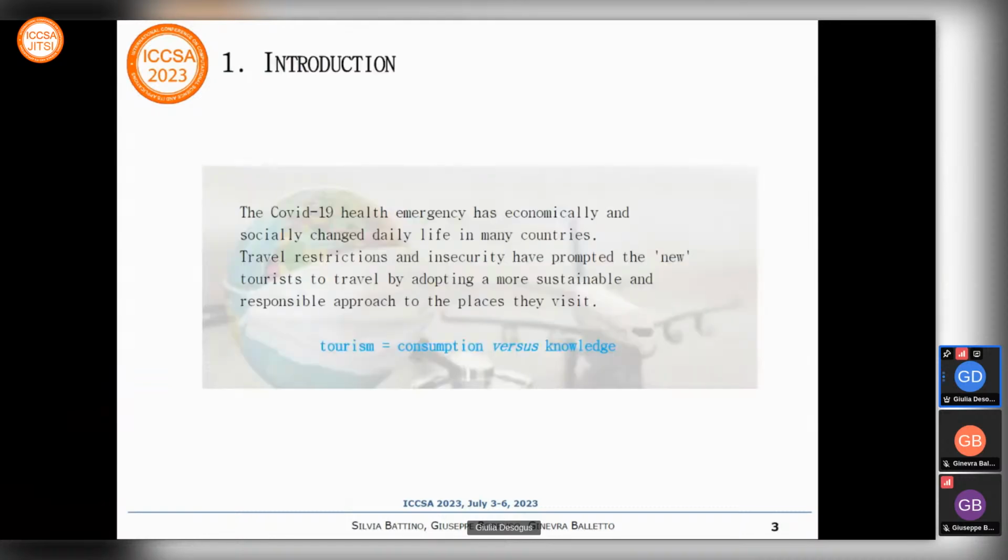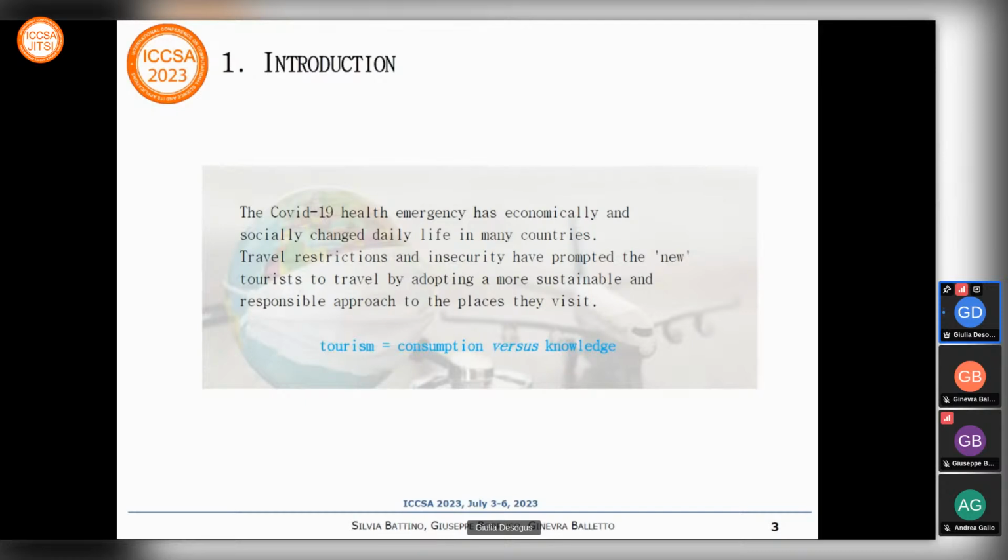We know that recently the COVID-19 pandemic has had a significant social and economic impact on the tourism sector. In particular, the pandemic has had an impact on tourist demand, which is now seeking new balances and more experiential travel.